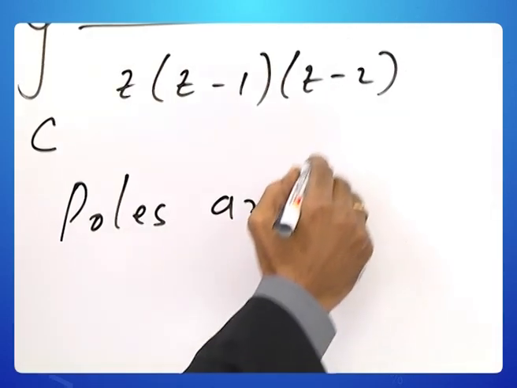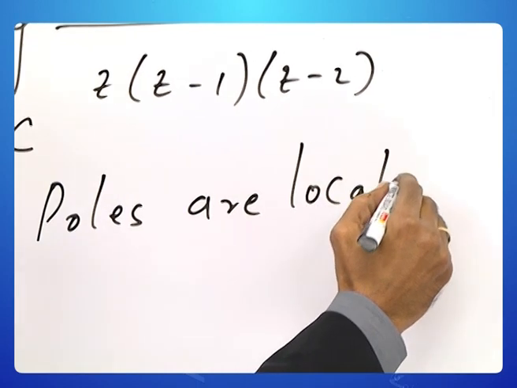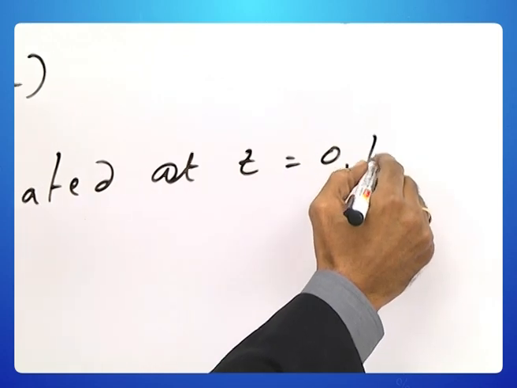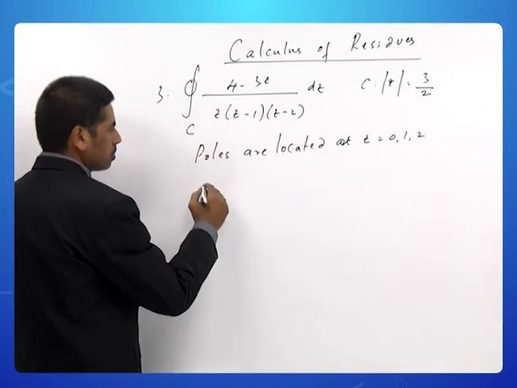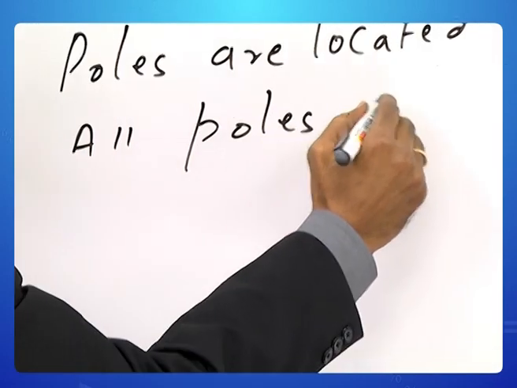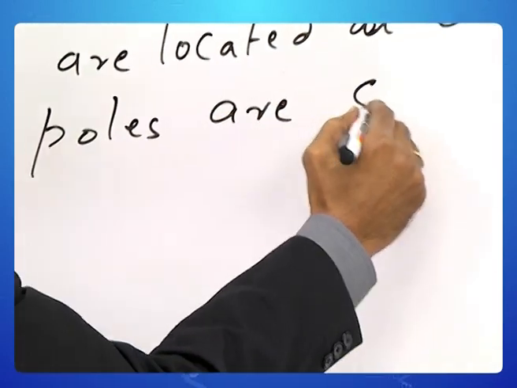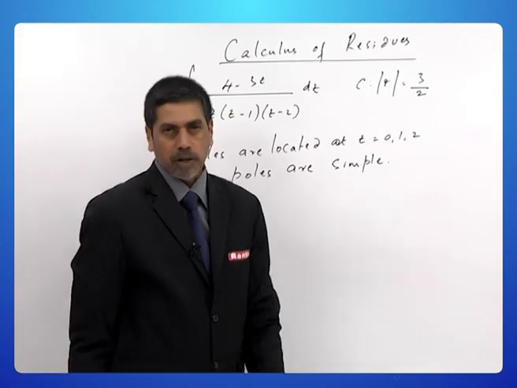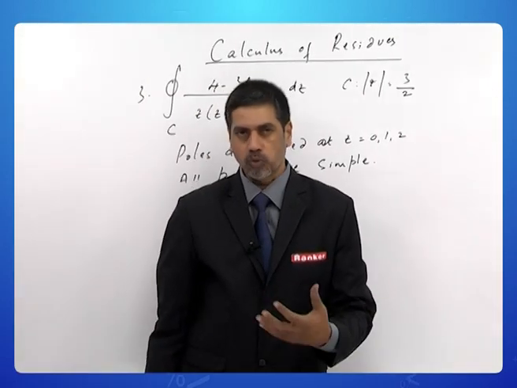Poles are located at z is equal to 0, 1 and 2. All poles are simple. Perhaps you know simple poles carry power 1.